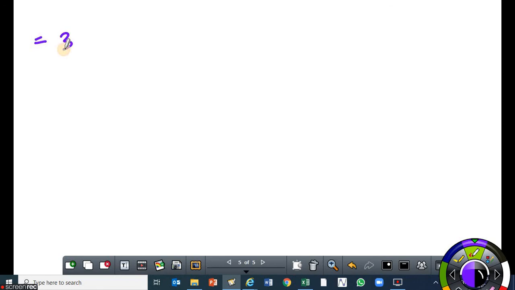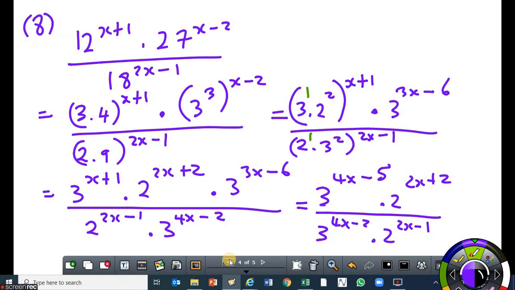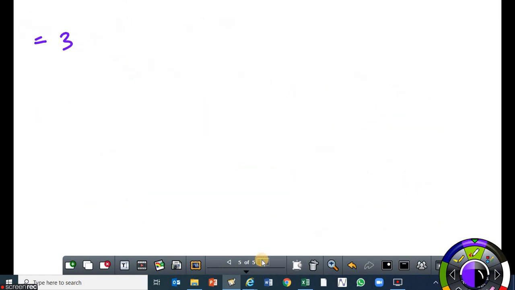So that will be 3. We are going to use law 2. If you are dividing bases that are similar, you keep the base and subtract the exponent. Okay? So that's 3 to the power of 4x minus 5, minus, based on law 2. I'm putting this minus here based on law 2.